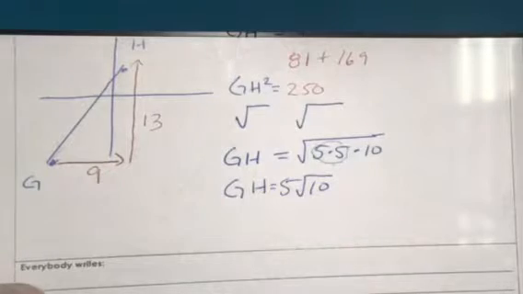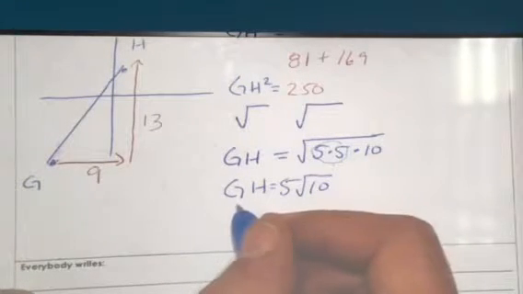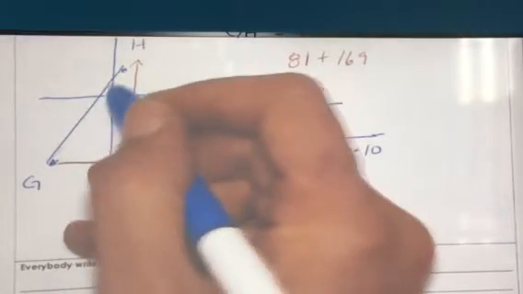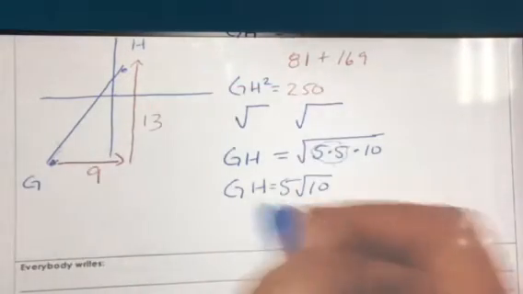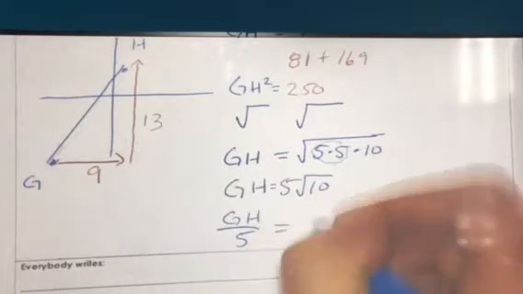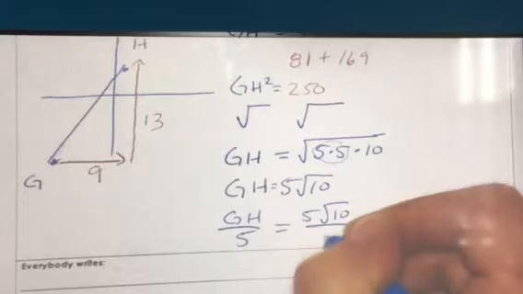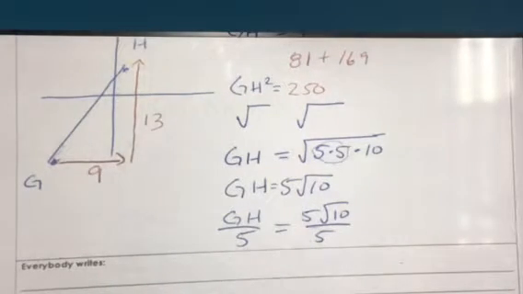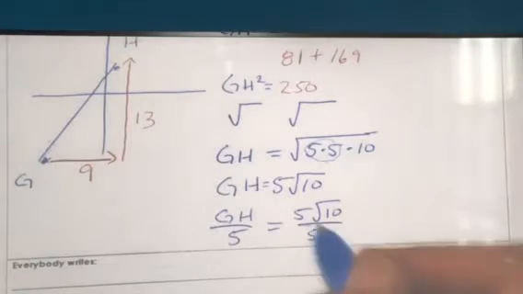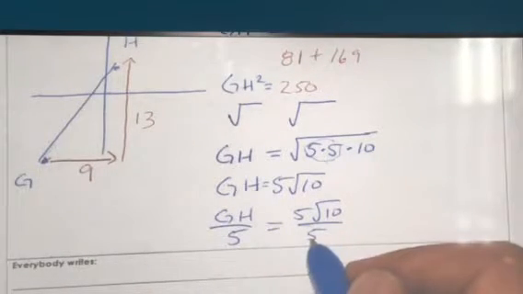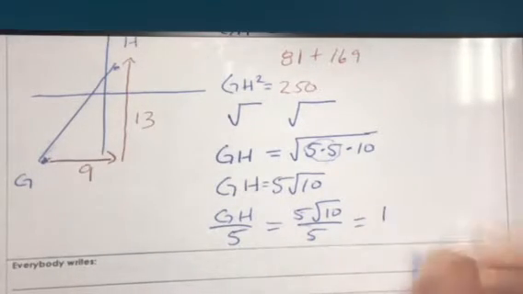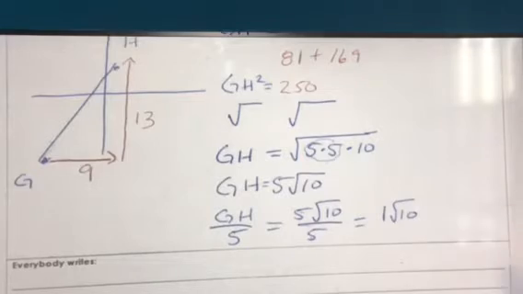But now we need to find just one piece out of 5 equal pieces on GH. So we need to now divide this by 5. So GH divided by 5 equals 5 times the square root of 10 divided by 5. Now watch this one carefully. 5 times the square root of 10 divided by 5, this is 5 divided by 5 is 1 times the square root of 10.